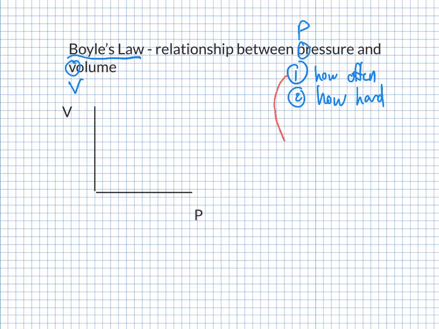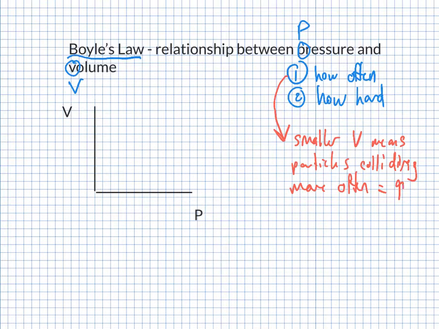Is volume going to affect how hard collisions occur or how often? And in fact, they affect the how often. So if you have a smaller volume, that means particles are colliding more often, and when you have particles colliding more often, that means you have an increase in pressure.